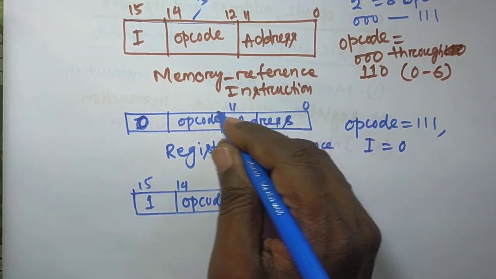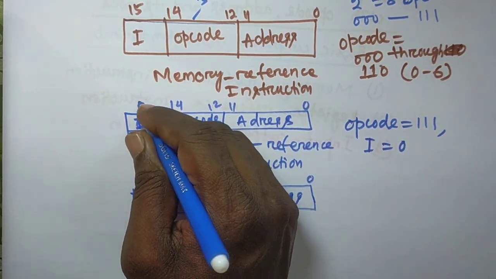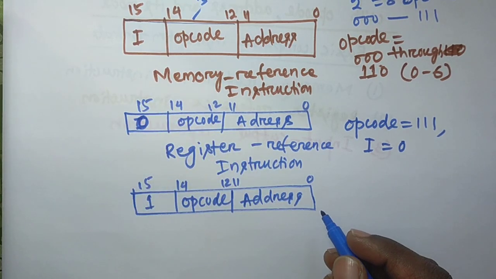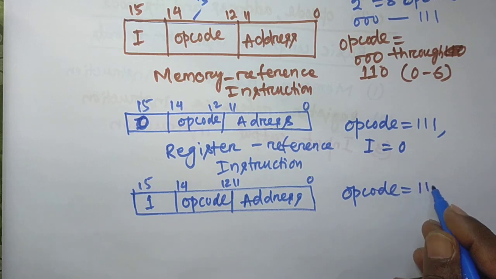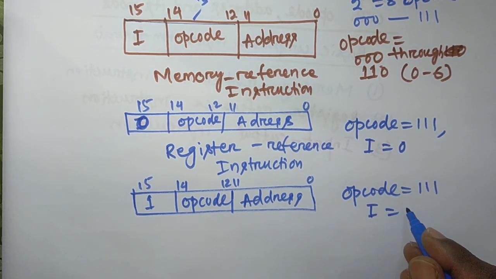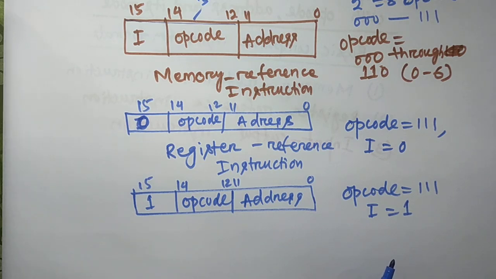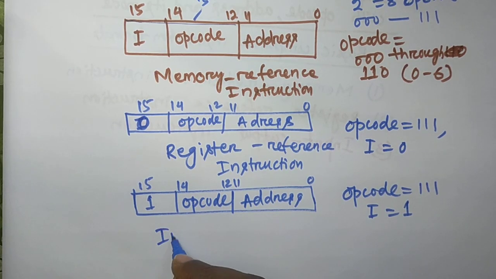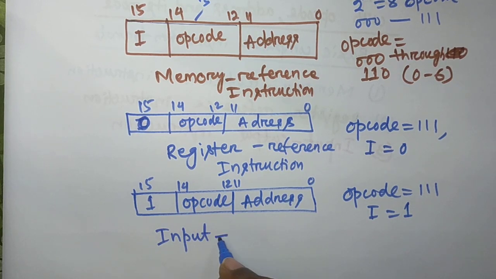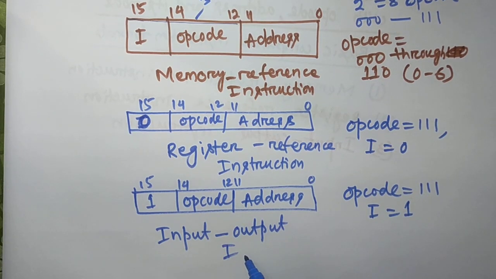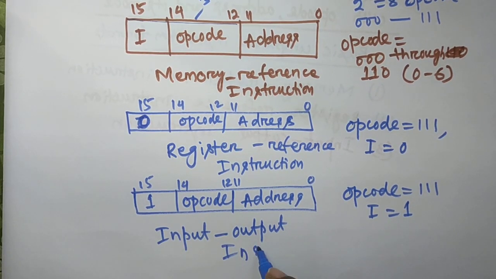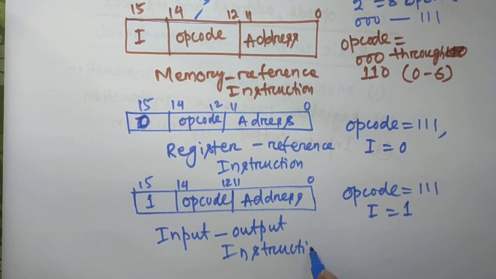Similarly, if opcode is equal to 111 and I is equal to 1, then we can call it an input and output instruction.